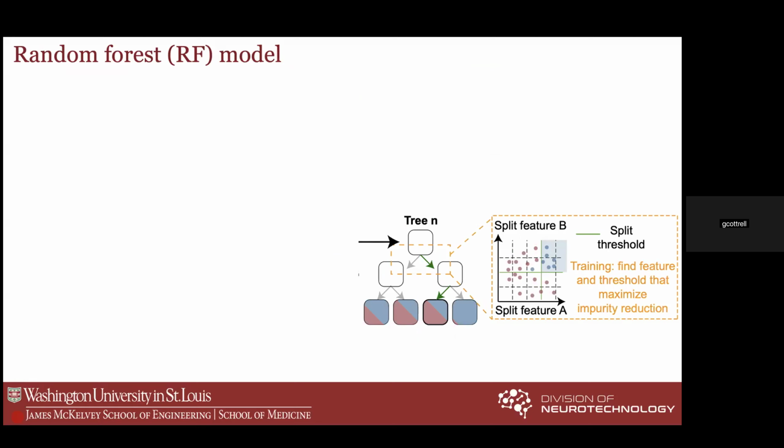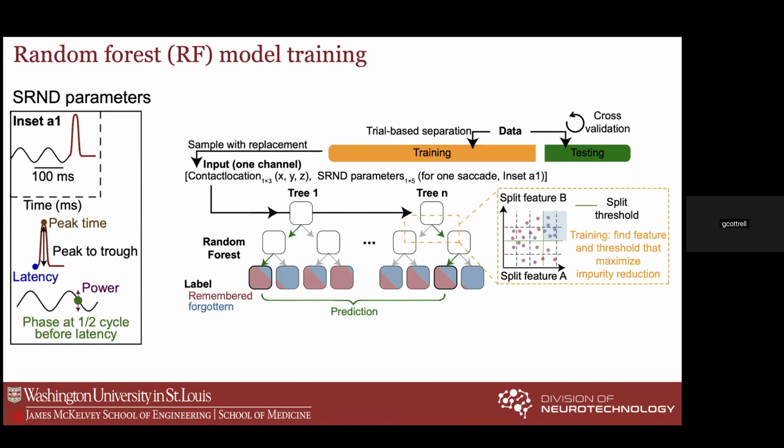The model we used is a random forest model because it is capable of learning complex relationships through a set of decision rules. I remind you once again, the inputs are the 5 saccade-related neurodynamic parameters, and we used 5-fold cross-validation for training and evaluating the models.